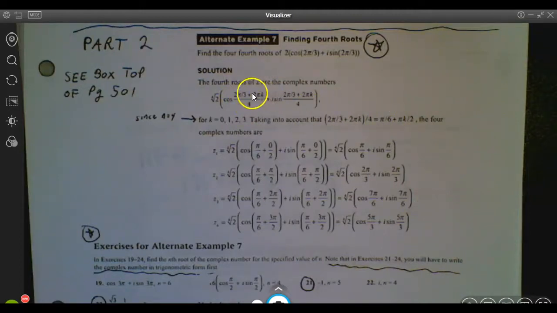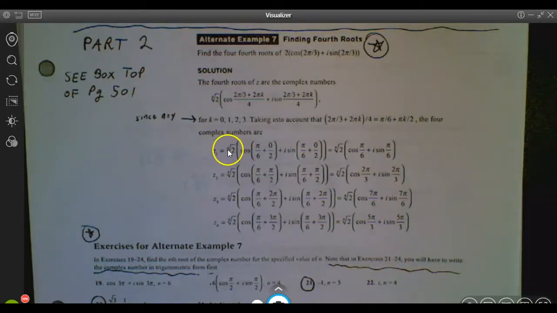And if I did 2 pi k over 4, I get this. So they're just simplifying this fraction first before they start plugging in values for k. And so from here, it's as ugly as it looks. It's really not that bad because we're just plugging in numbers into this formula that we have. So this is now the angle that we are working with.